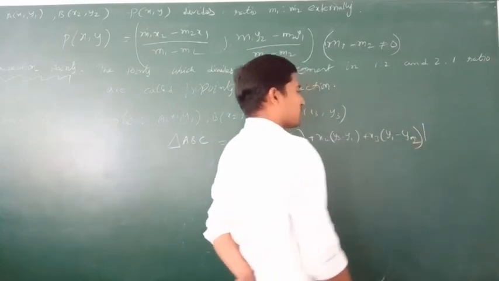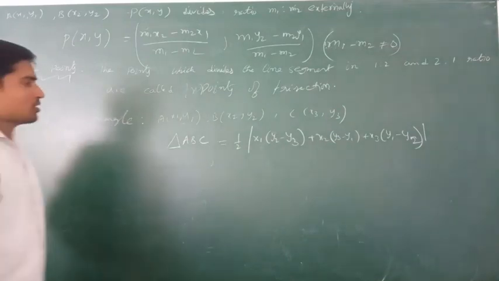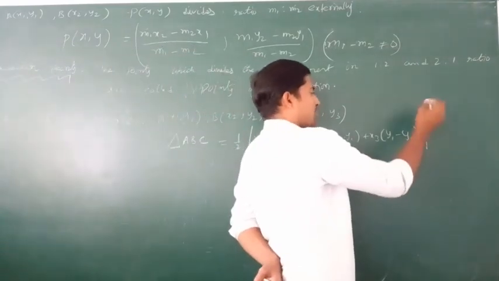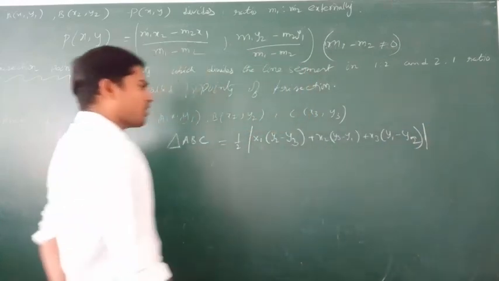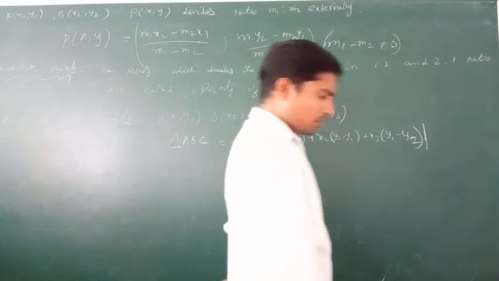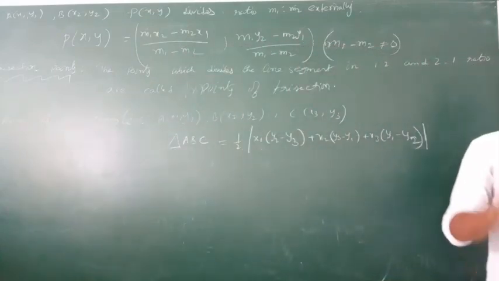Everybody should learn this formula. Even in sleeping mode they should be able to say it, so practice it. Understand? This is the formula to find the area of a triangle. We have a different formula, Heron's formula, that we will learn later.